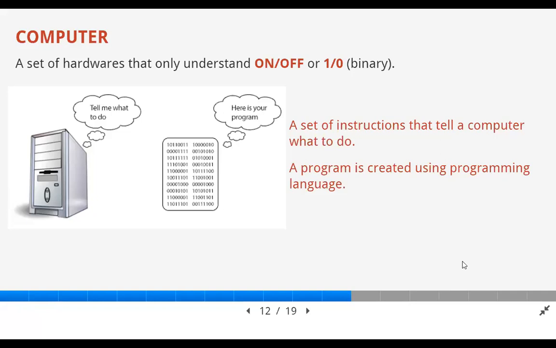Which one must be added first? And what next after addition? Is it multiplication, subtract, or others? So the computer requires both of them: input data and the sequence of instructions.